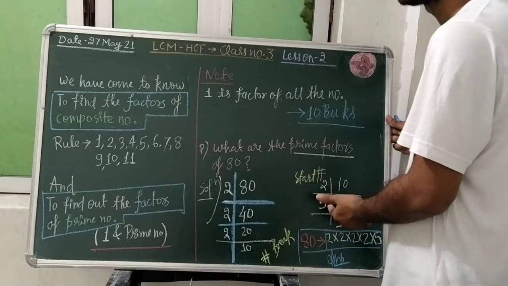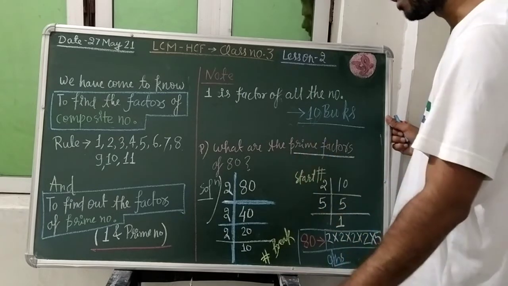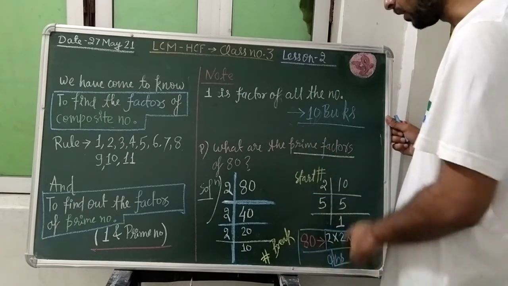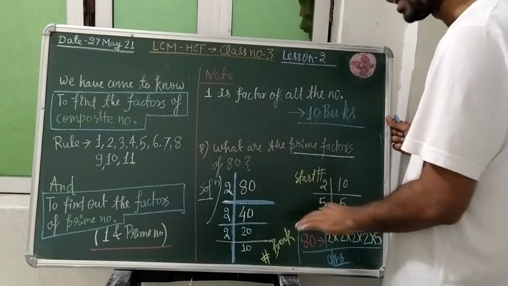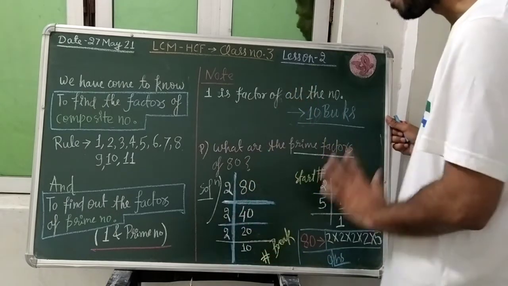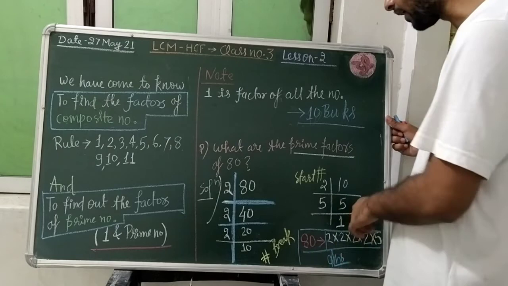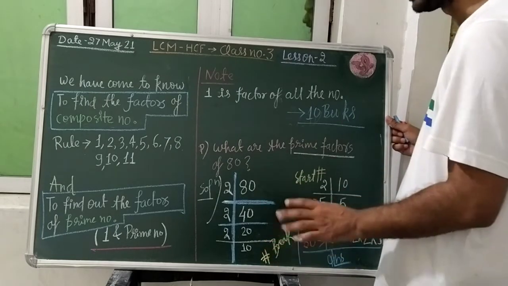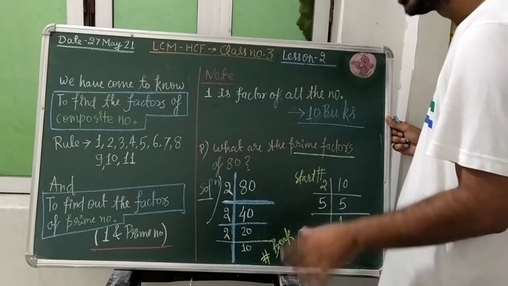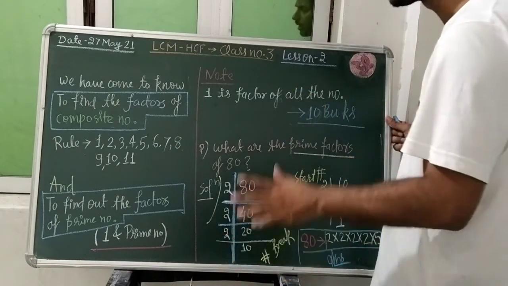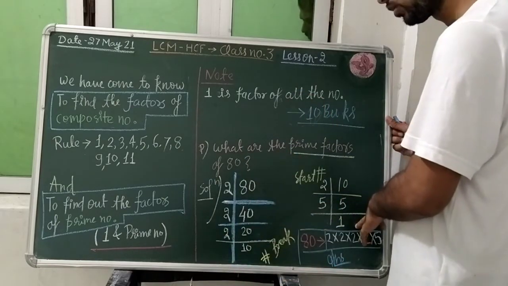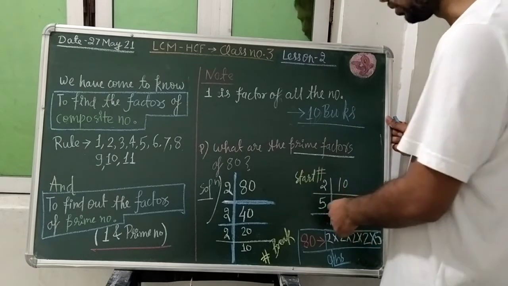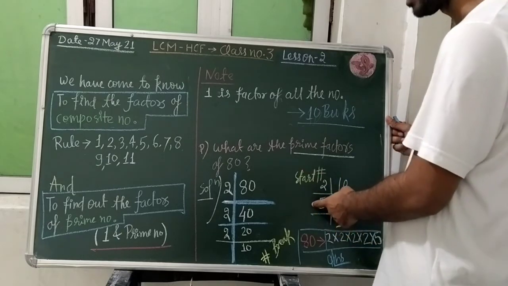So we shall select 5 here. Whenever we get any prime number, we shall select the same number. Wherever you find the prime number, you select the same number, and then it will become 1.